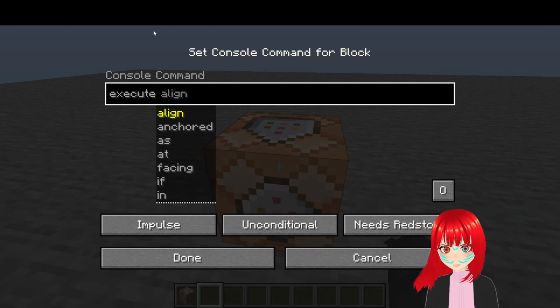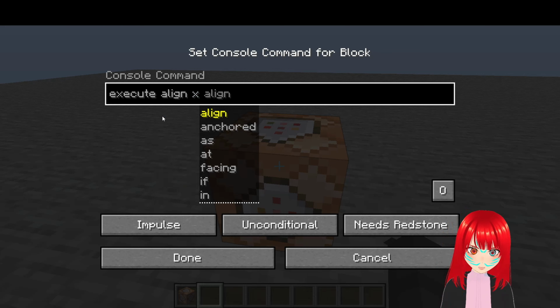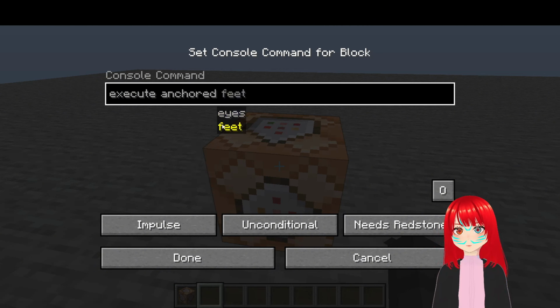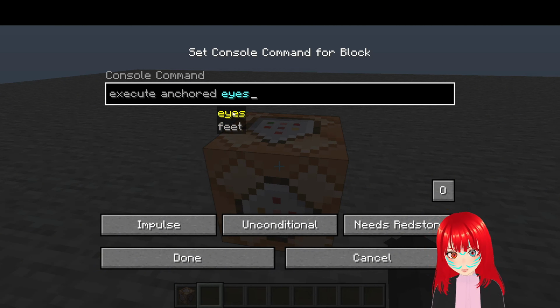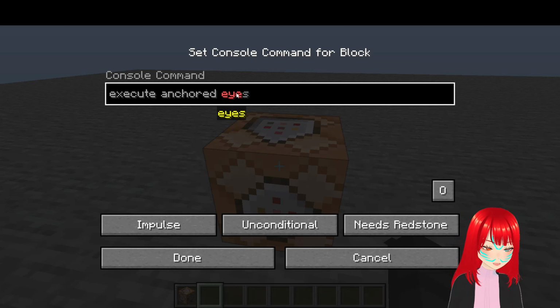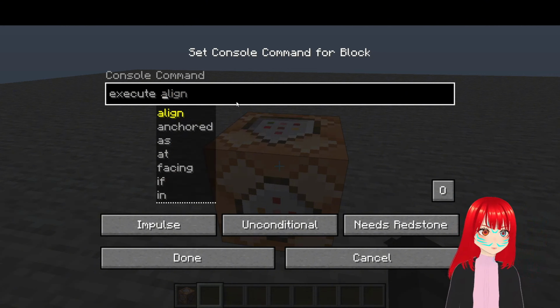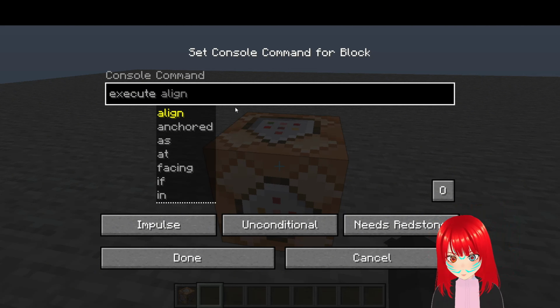I don't think it has much else to use it for, because then it just goes straight into this. Anchored, eyes and feet. Anchored eyes, right? Anchored feet. What does that do? I actually don't know.